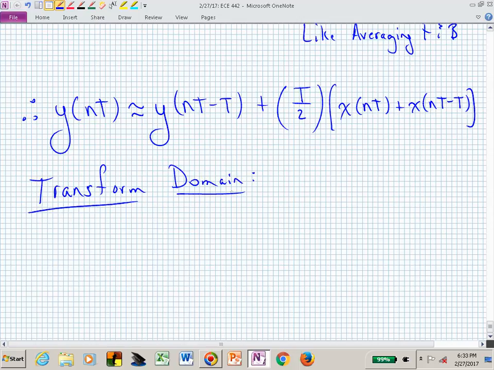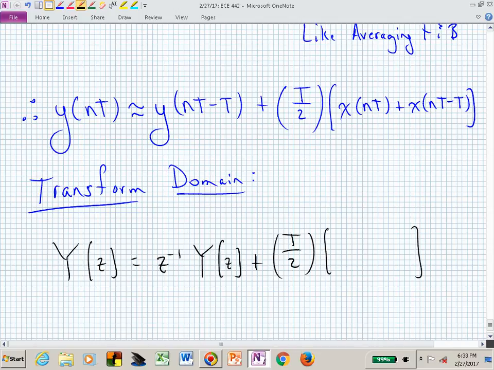The first two terms are exactly the same as they were before. We now have capital Y of z is equal to z to the minus 1 capital Y of z. Capital T over 2 is just a number. And eventually we will have capital X of z scaled by what?